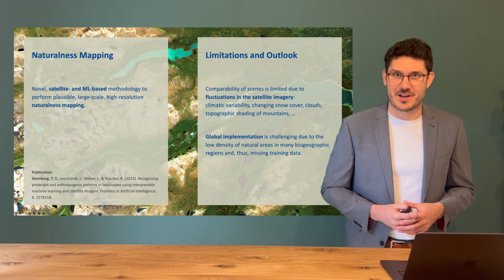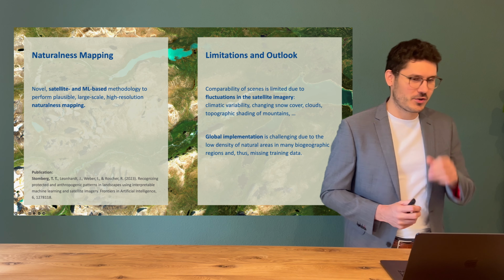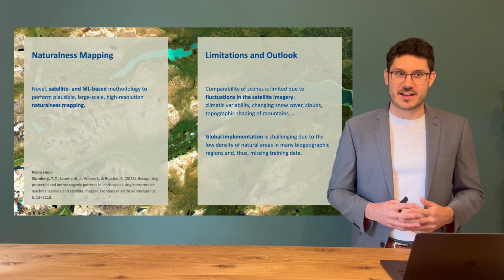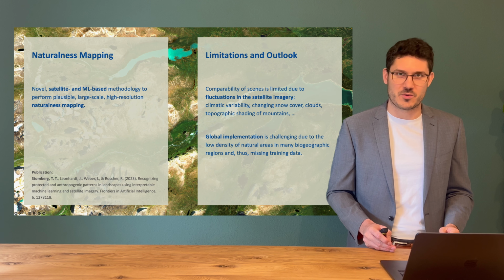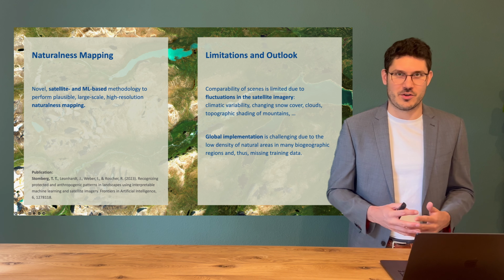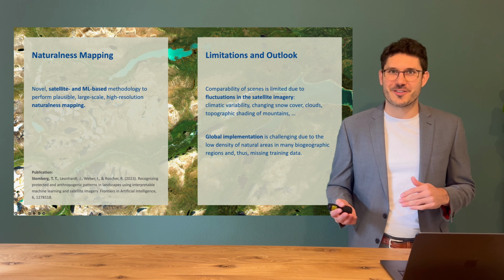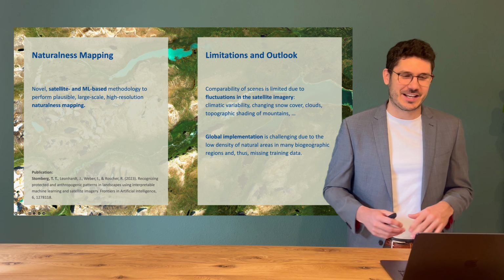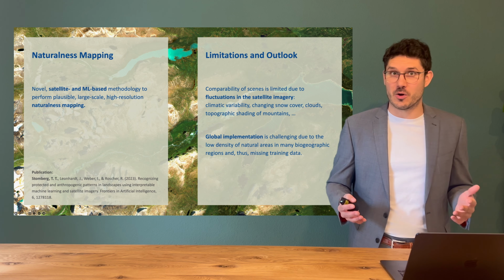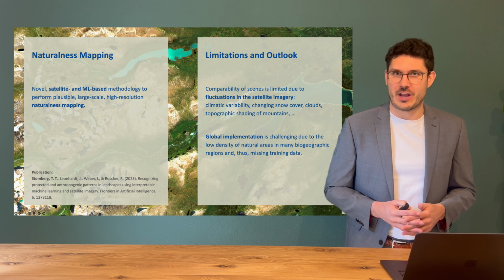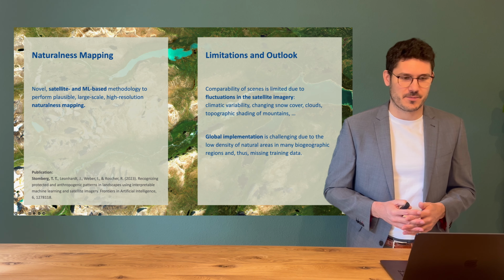There are also some limitations of our approach. For example, the comparability of scenes is limited due to fluctuations in the satellite imagery. Such fluctuations can be climatic variability, changing snow cover, clouds, or topographic shading of mountains.